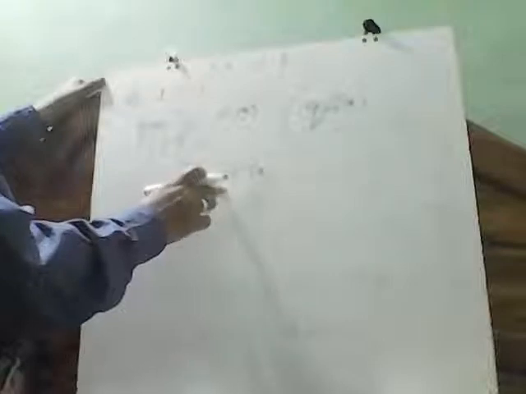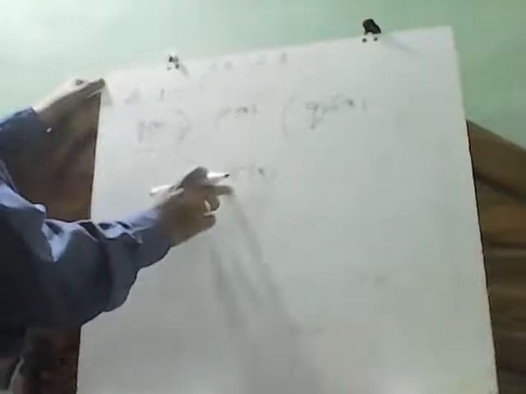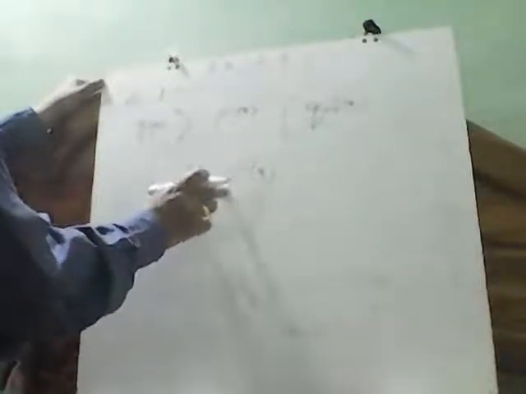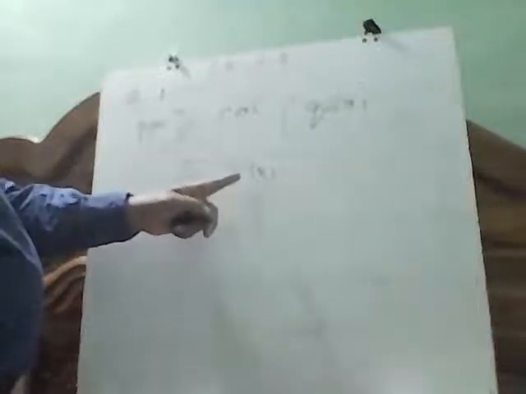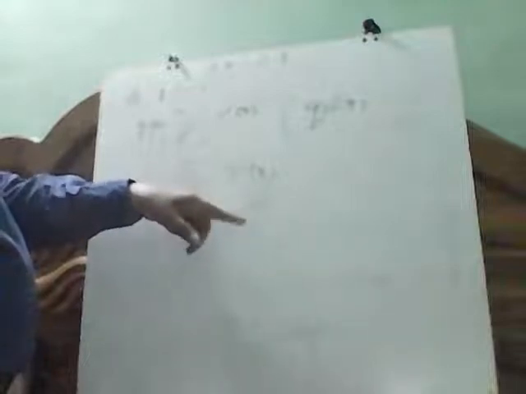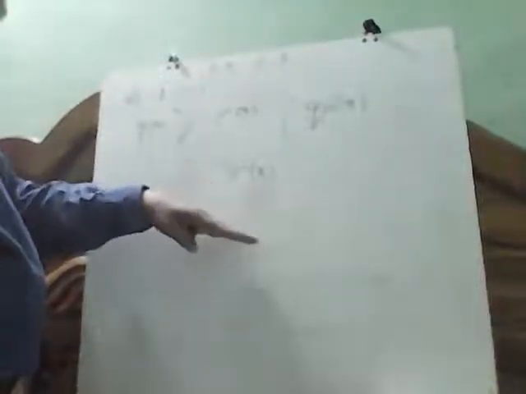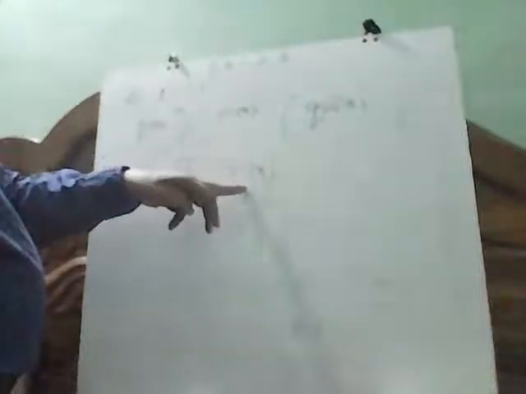That r(x) may be a constant. Its degree is always smaller than the degree of g(x). When that situation comes, then the division will be completed. Otherwise, you will continue division till the polynomial's degree is less than the divisor.